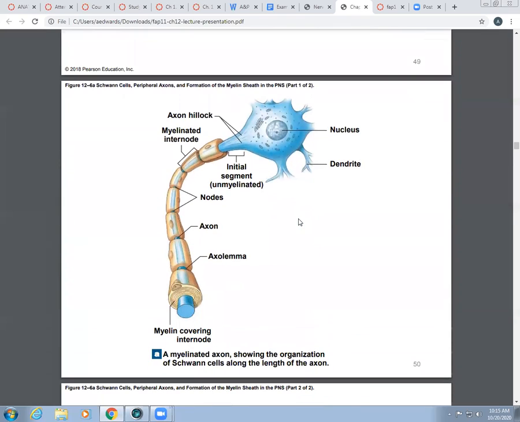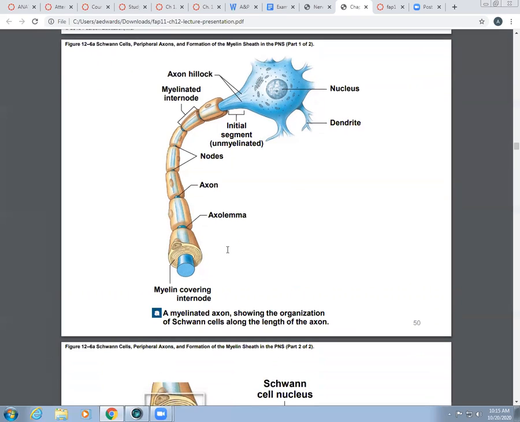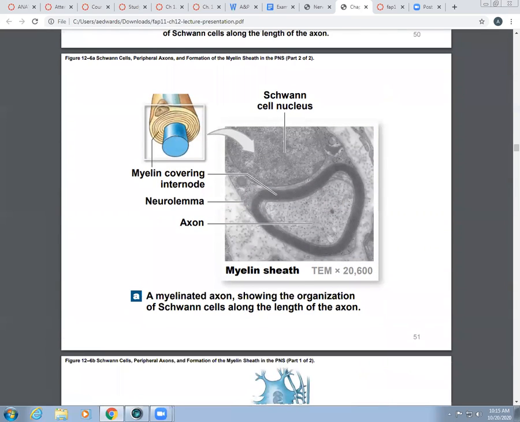Okay, so here's an example of the Schwann cells providing myelin for this peripheral nervous system axon. Okay, here's the nucleus of the Schwann cell.